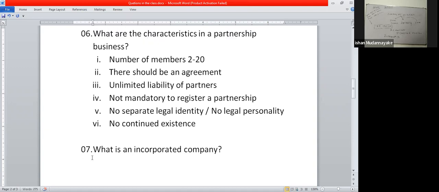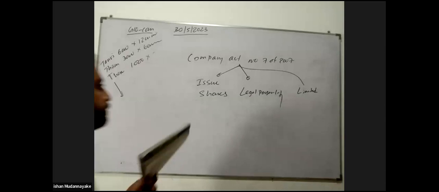Question number 7, write down. What is an incorporated company? Right, and under this question, write down the answer.